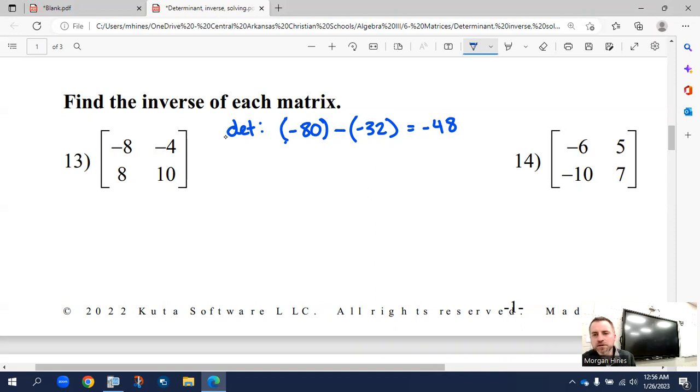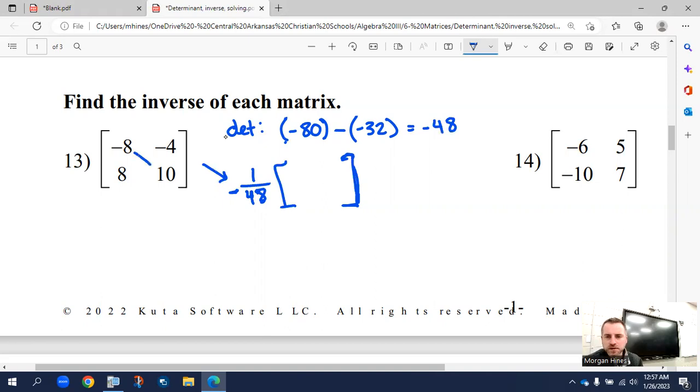All right, now here's where it gets a little bit complicated maybe. If we want to do the inverse, we do 1 divided by the determinant, times, not this matrix, but kind of this matrix. Remember, we are trying to do the opposites or the inverse of all of these steps that the matrix would perform normally.